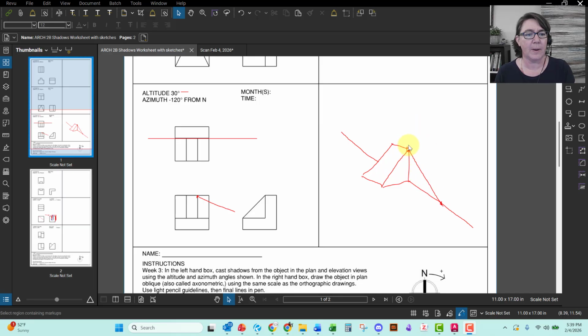And we know that this point right here is going to cast a shadow at the altitude angle until it hits this new ground, and I've drawn that here. Whatever that angle is, it's going to come here and hit.